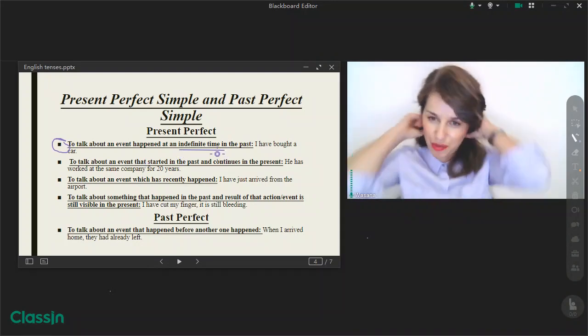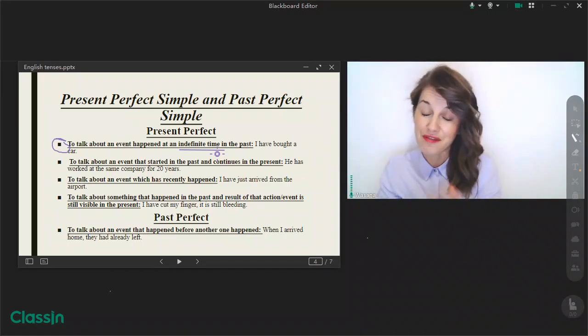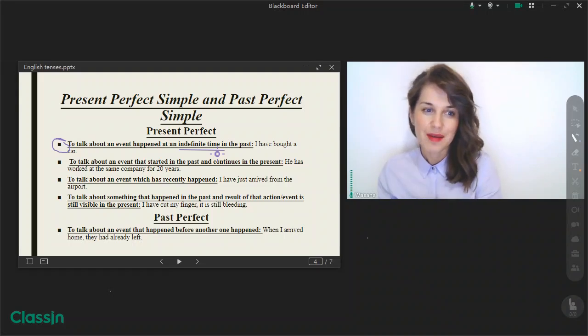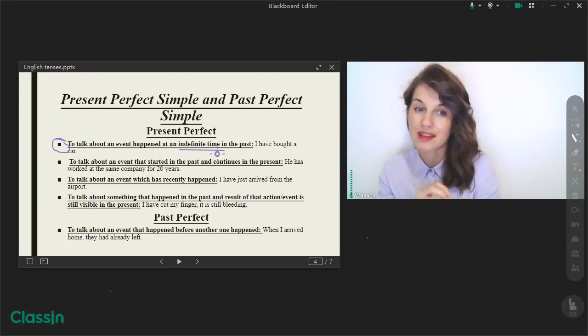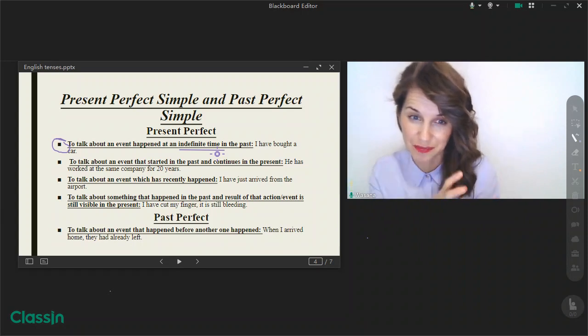This is very important because with present perfect simple, we don't emphasize the time when the action was performed. I have bought a car. We don't know when. Perhaps I don't want to say. But we use present perfect simple when we want to express an event that happened at an indefinite time in the past.